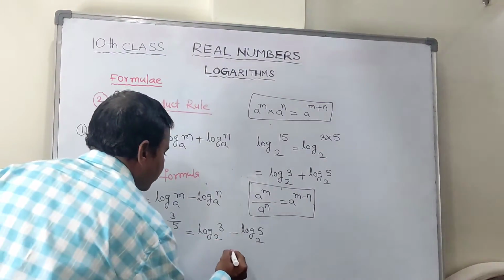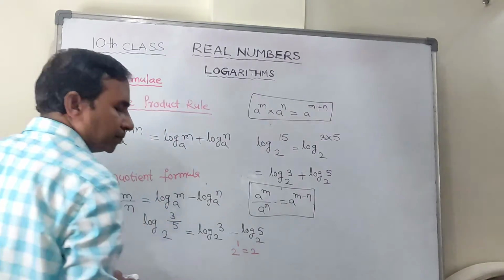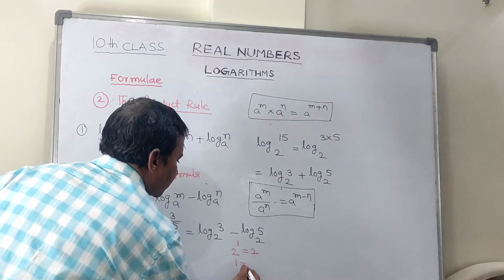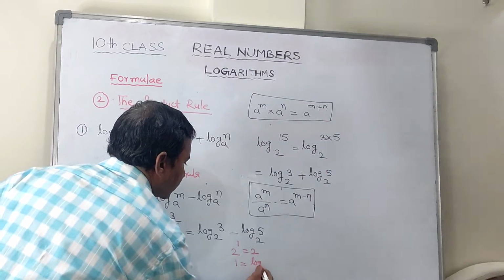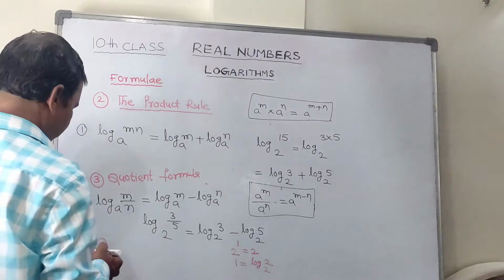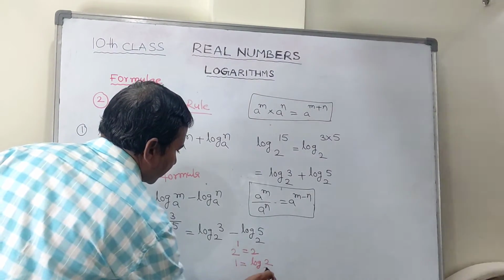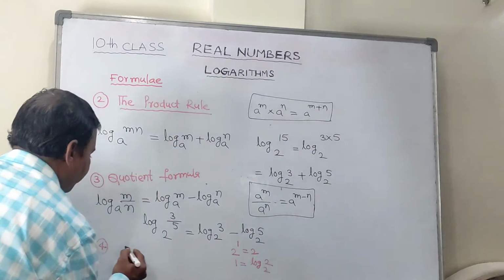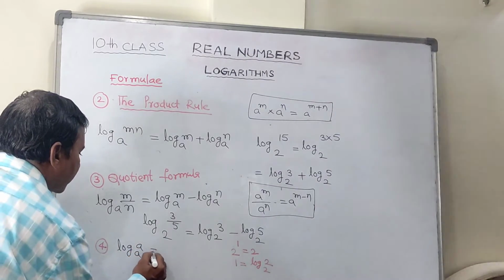As we know that 2 to the power of 1 is equal to 2. If you take 1 is equal to and apply logarithm, what will you write? Log 2 to the base 2. Meaning, the logarithm of any value to the same base will be equal to 1. So, that is one more formula which we have to write here.